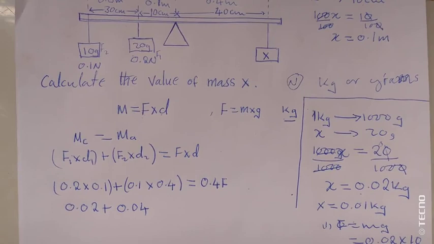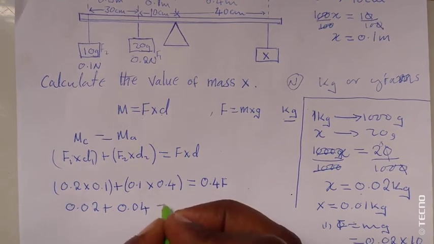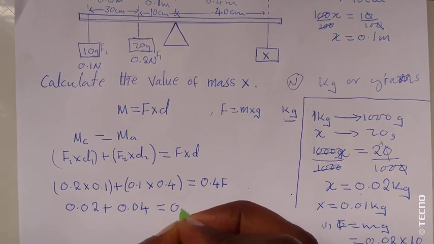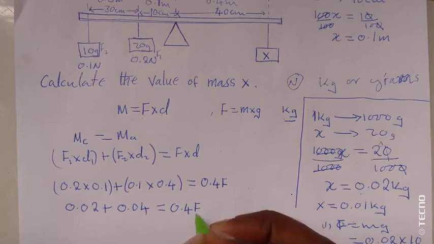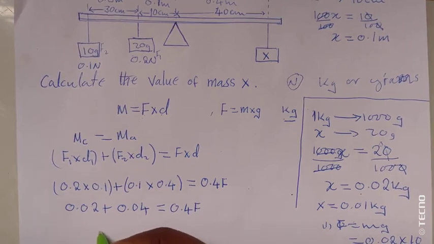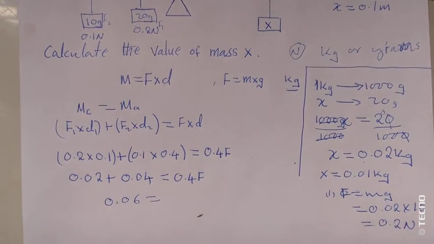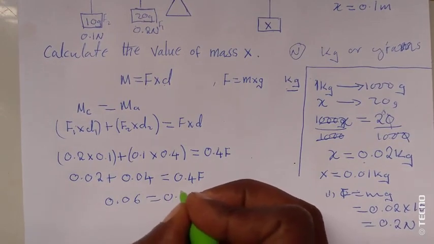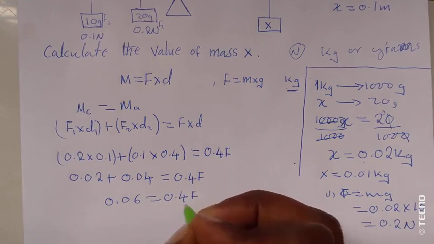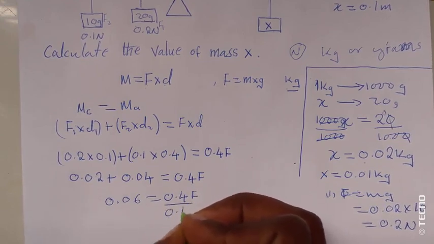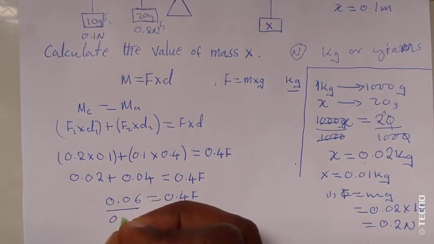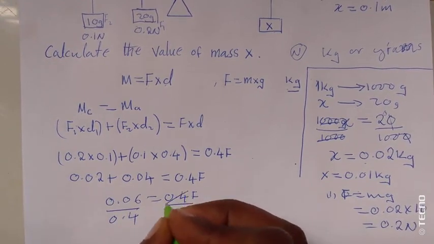Yes, that's the answer. Then is equal to 0.4 F. Then when you add this, you get 0.06, is equal to 0.4 F, like this, over 0.4. Even this side 0.4.